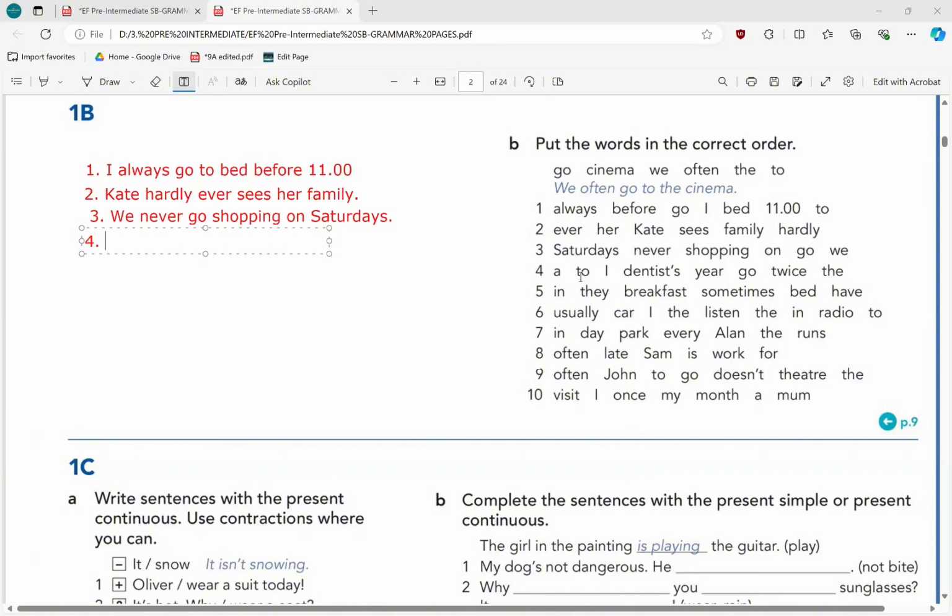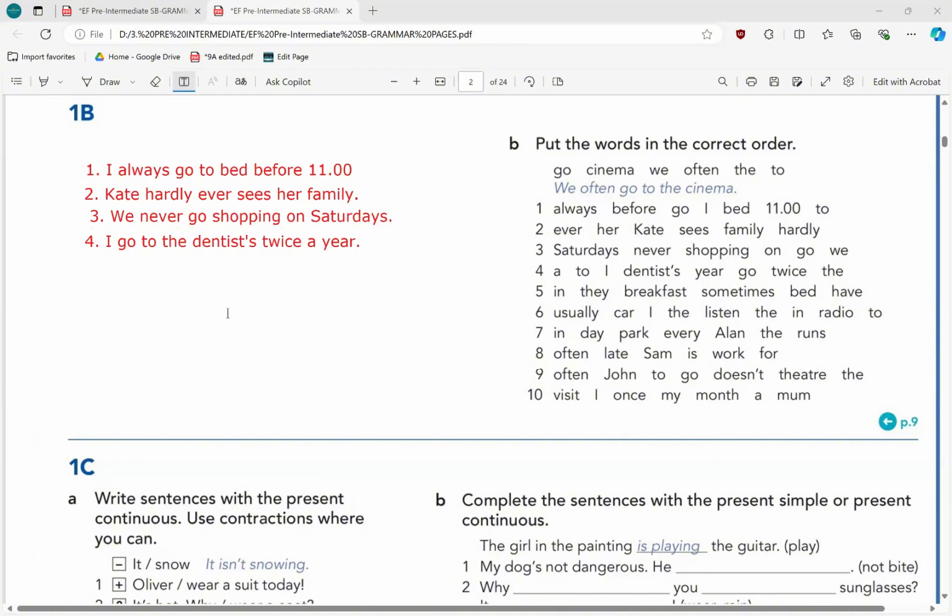I go. I go where? I go to the dentist. How often? Twice a year. Yes. I go to the dentist twice a year.